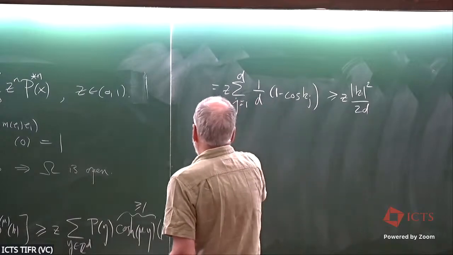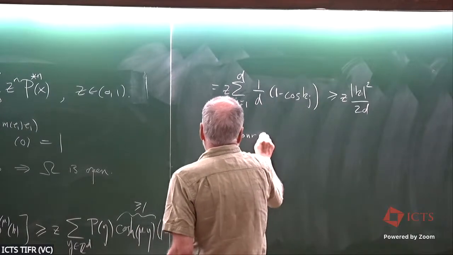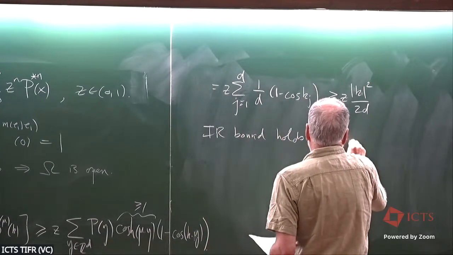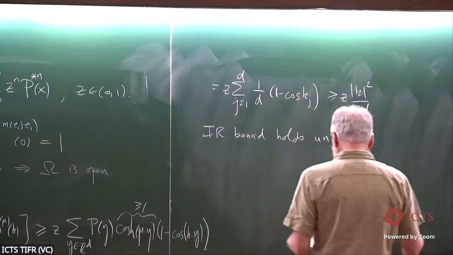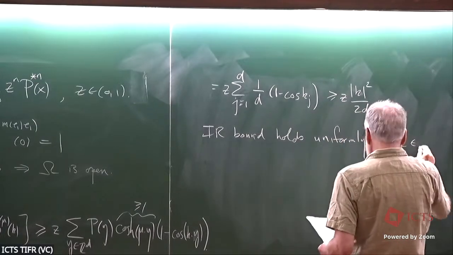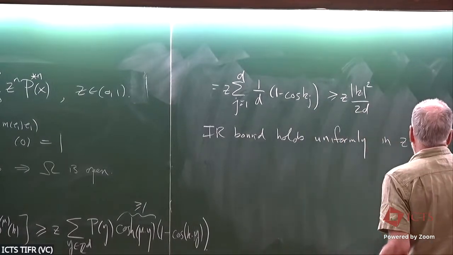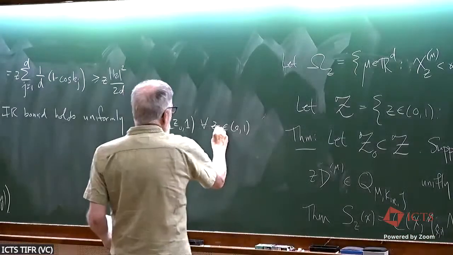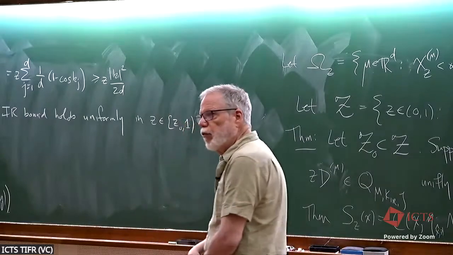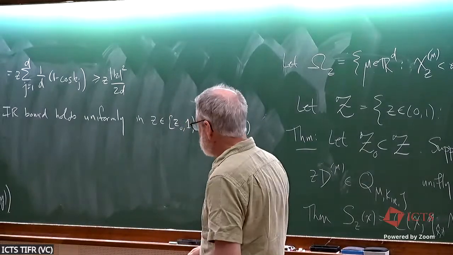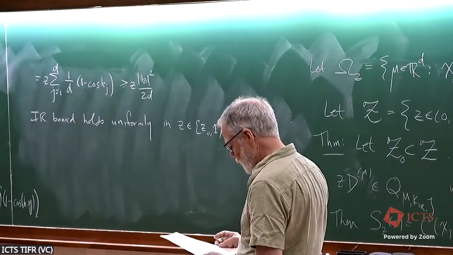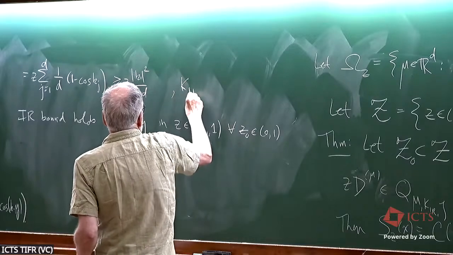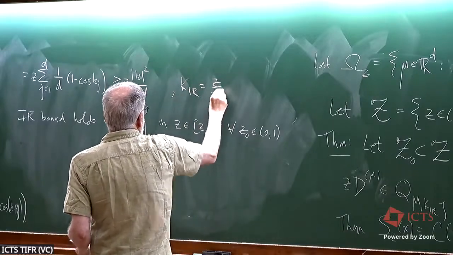So the infrared bound holds uniformly in Z in Z naught 1 for any Z naught in (0, 1). So we just stay away from 0 to avoid the deterioration of the infrared bound. So K_IR is equal to Z over 2D.